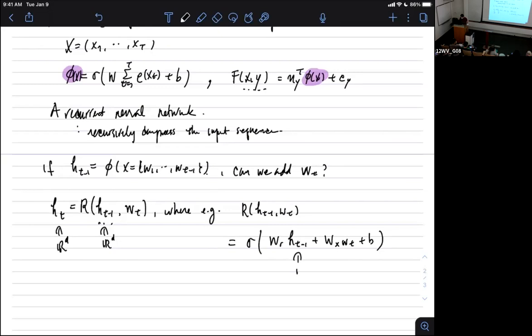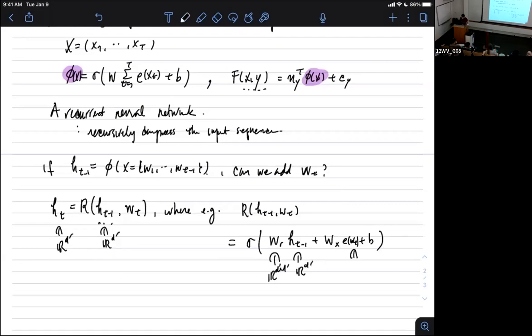So this one was in R^D. Let's just rewrite. So it's going to be the embedding of WT. And what that means is that this recurrent weight matrix is going to be D by D. I should use a D prime, right? So let's use D prime, D prime by D prime.